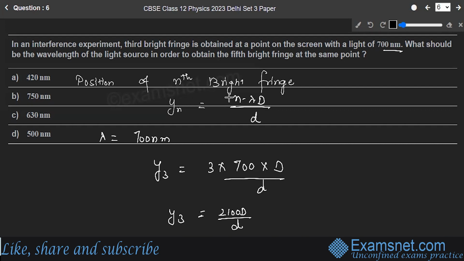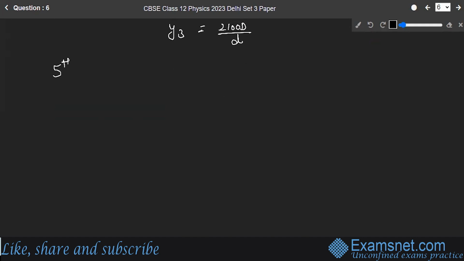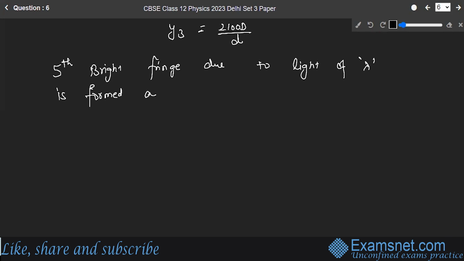The fifth bright fringe due to the light of wavelength lambda dash is formed at y3. So y5 is equal to y3.